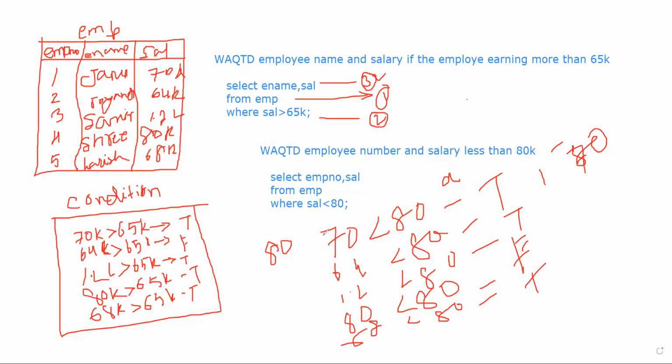Then 2, 64. Which one is 68K? Harish, right? And 5. Understood or not? Yes, understood, sir.